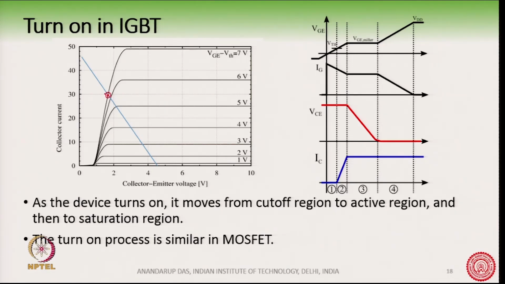This left hand side is the saturation region, this is the active region, and this is the cutoff region of the device, the IGBT. The turn on process I have discussed is very similar in a MOSFET. The MOSFET and IGBT, the gate side of it is very similar in structure.